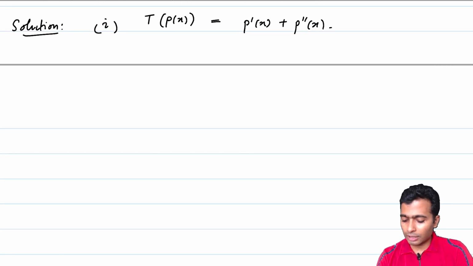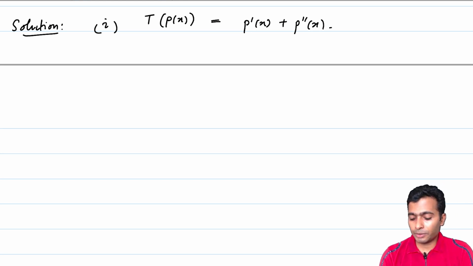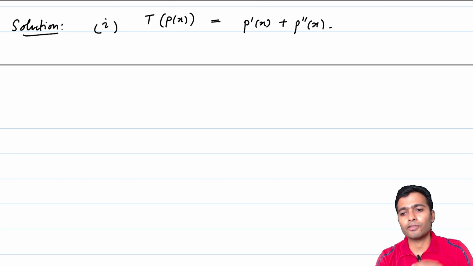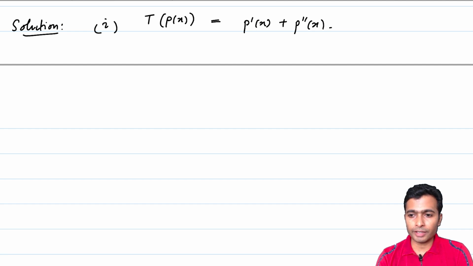Rather, let's discuss the strategy which we will be using to check whether T is diagonalizable or not. So when do we say that a linear operator is diagonalizable? We say that a linear operator is diagonalizable if we can get hold of a basis of V consisting of eigenvectors of T.